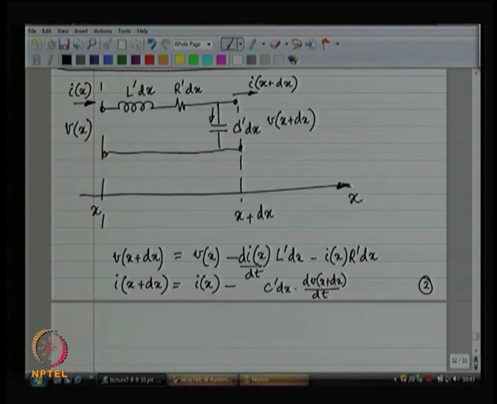So, I have applied a voltage V of x at the input side, and on the output side it is V of x minus the drop across the inductor, that is L dI by dt, minus the drop across the resistor, that is resistance times the current. So, that is what I have got.